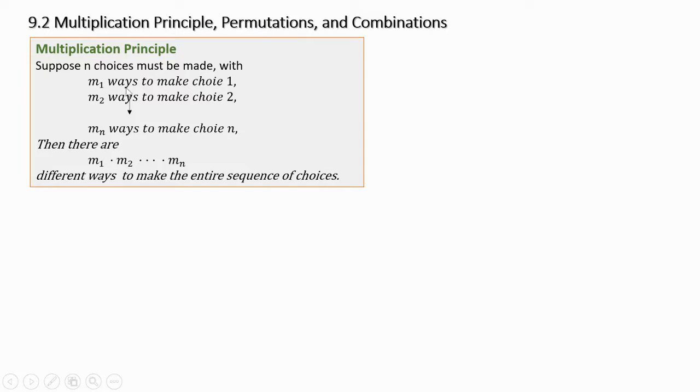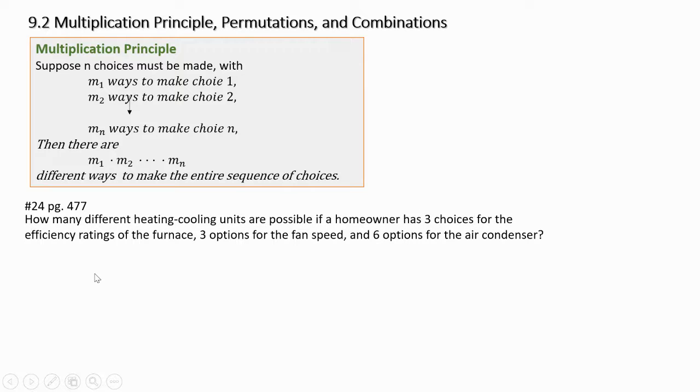Now, this can be a little bit hard to understand, but let me show you how the multiplication principle actually works with an example. This is number 24 on page 477. It says here, how many different heating units are possible if a landowner has 3 choices for the efficiency ratings of the furnace, 3 options for the fan speed, and 6 options for the air condenser.